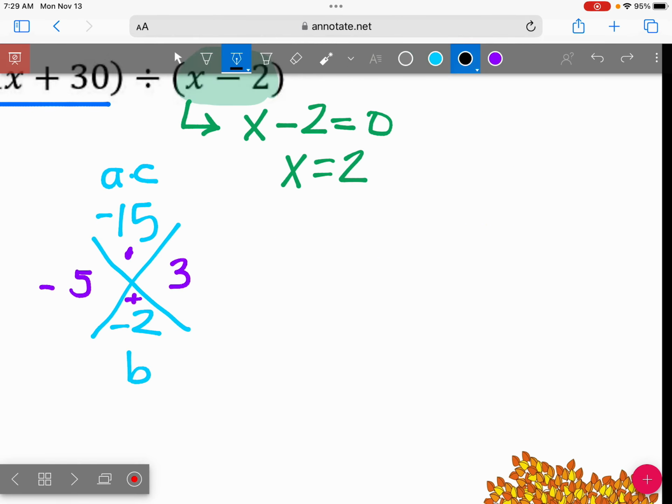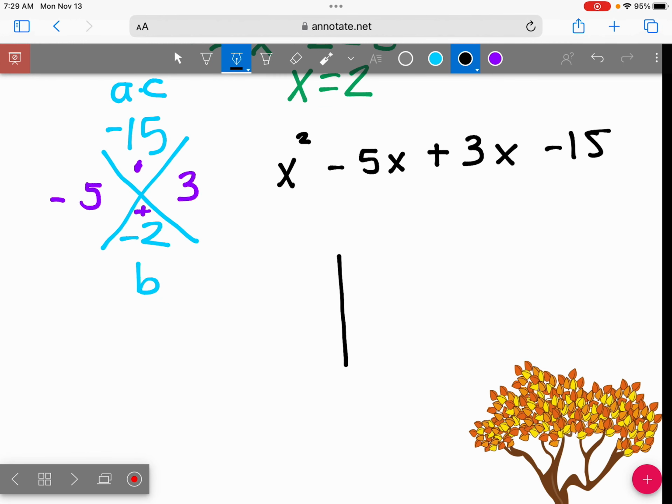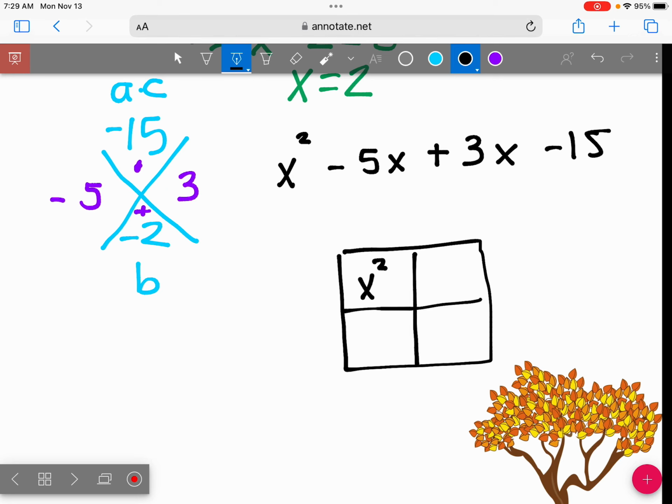So we could write our quadratic as x squared minus 5x plus 3x minus 15, if that helps you. Or you can go into your box. There's a few different ways to approach this when we're factoring here.